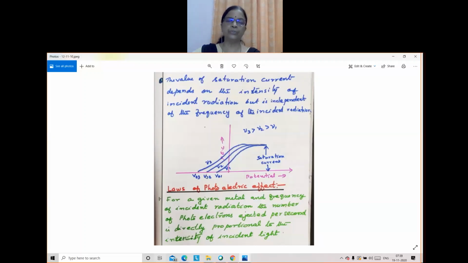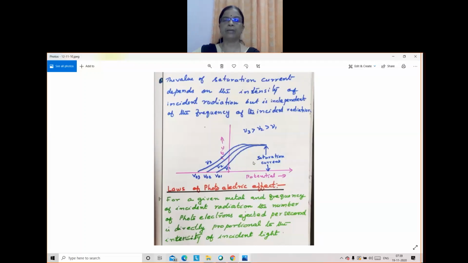V02 stopping potential for the radiation of frequency ν2. V03 stopping potential for the radiation of frequency ν3. പൊട്ടൻഷ്യൽ ചേഞ്ച് ചെയ്തു, സാച്ചുറേഷനിലെത്തി. ഇനി റിവേഴ്സിംഗ് ദ പൊട്ടൻഷ്യൽ സ്റ്റോപ്പിംഗ് പൊട്ടൻഷ്യൽ എത്തി. അപ്പൊ ഇത് ഫസ്റ്റ് റേഡിയേഷൻ്റെ സ്റ്റോപ്പിംഗ് പൊട്ടൻഷ്യൽ V01.